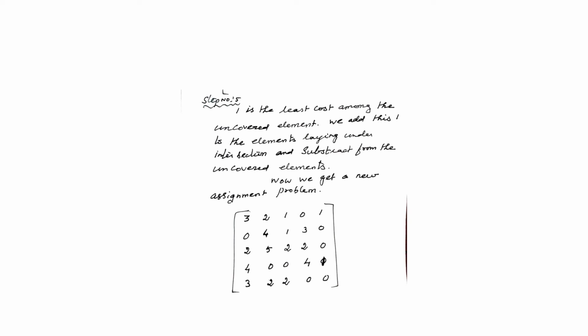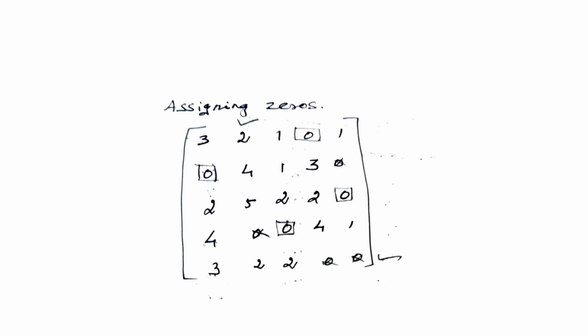After that, we get a new assignment problem. Then we move to step number 3, assigning zeros. Here also we follow the same procedure: whichever row or column has a single zero, we make the assignment first in that particular row or column.